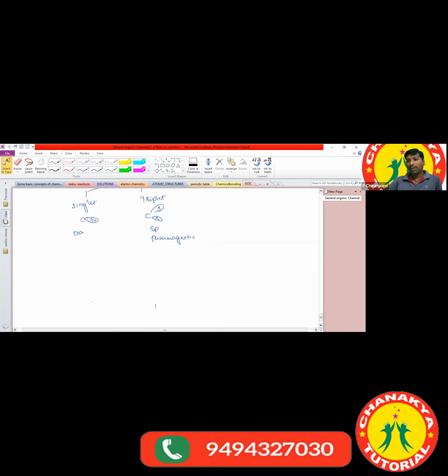Okay, now this is about the reaction intermediates. These are the different types of the reaction intermediates we are having. Based on that, shall we see the different types of reactions?